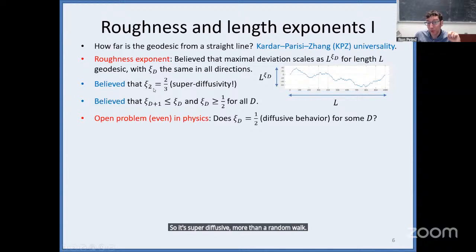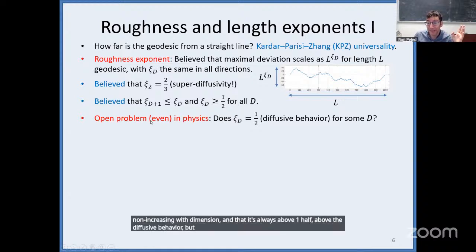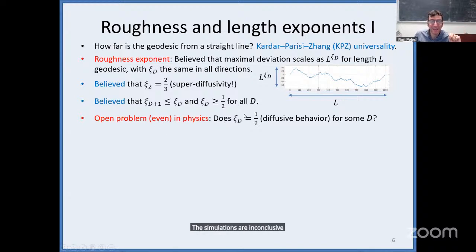This is only in 2 dimensions. It is believed that the exponent is non-increasing with dimension, and that it's always above 1/2, above the diffusive behavior. But it is open, even in the physics literature, they debate, the simulations are inconclusive. Does this exponent ever become 1/2? This is a very interesting open question, even in physics.